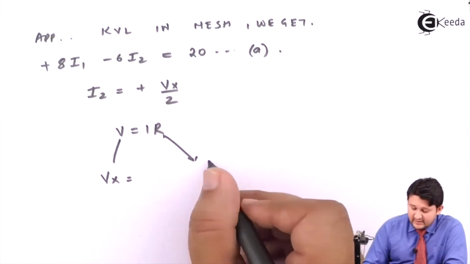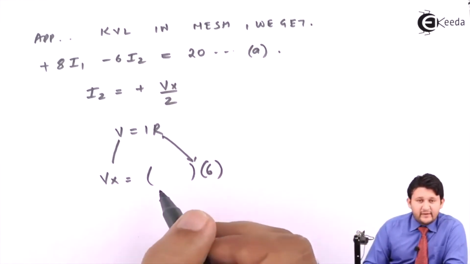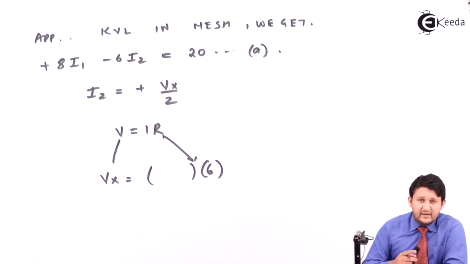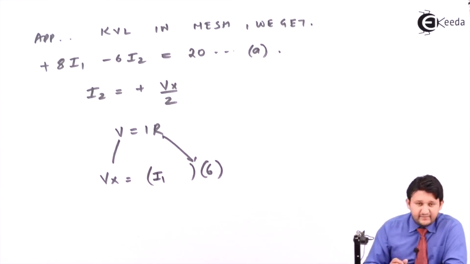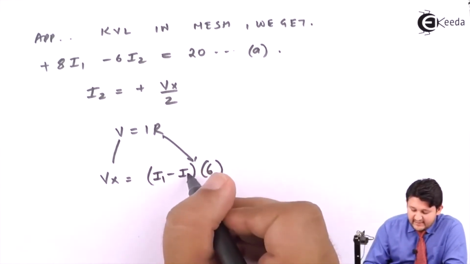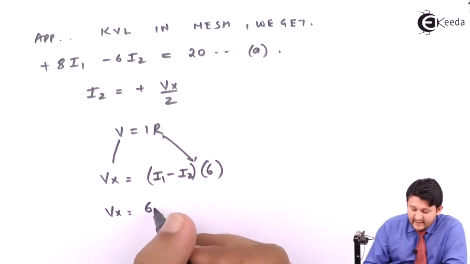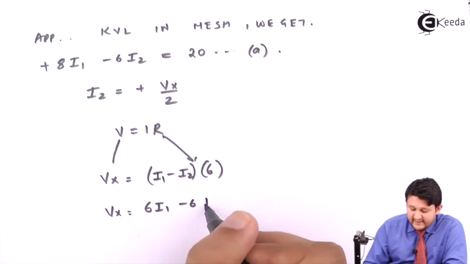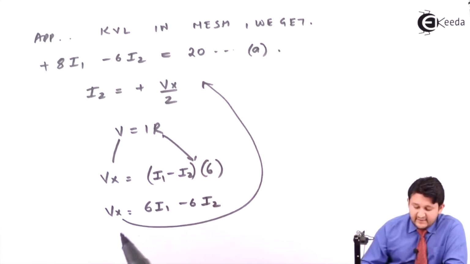It is across 6 ohms. In 6 ohms, which currents are flowing? There are 2 currents flowing, I1 and I2. I1 is entering into positive, so it is plus. I2 is entering into negative, so it is minus. So Vx will be 6I1 minus 6I2.